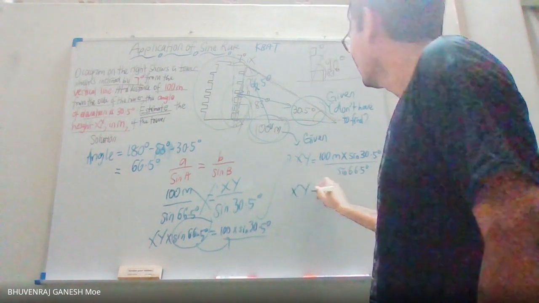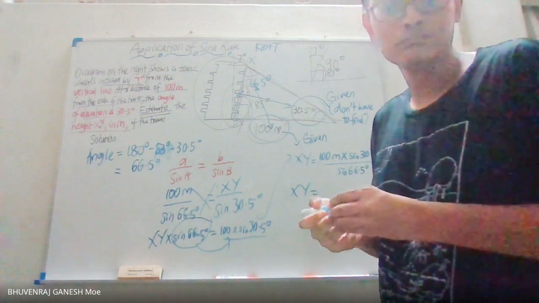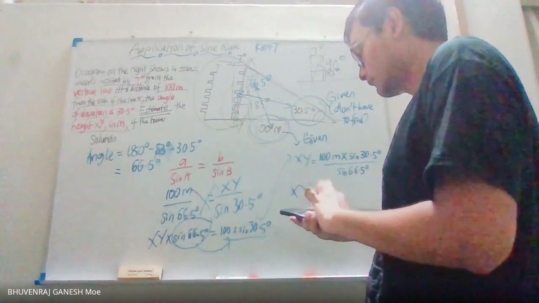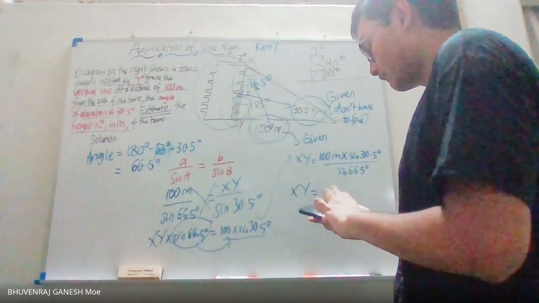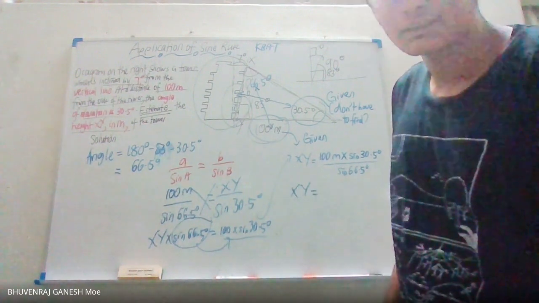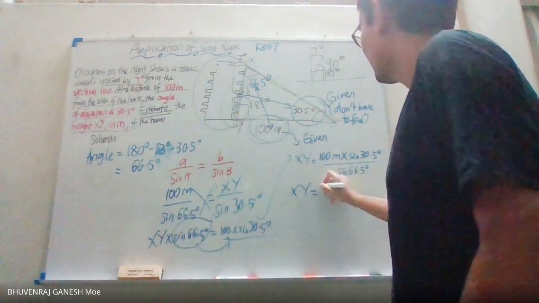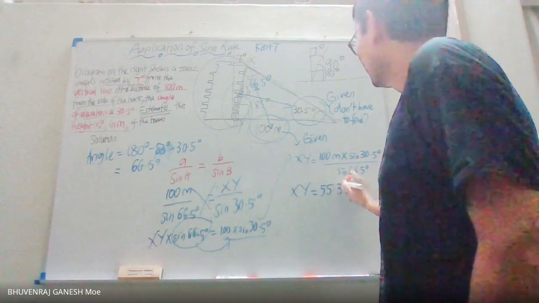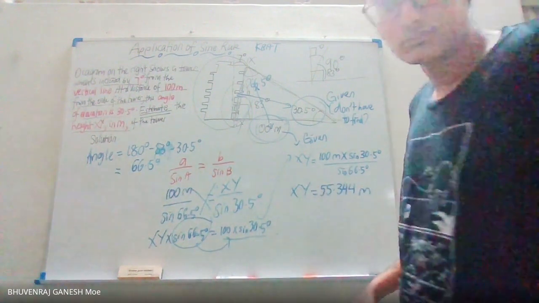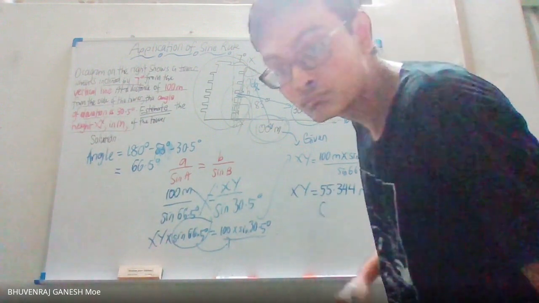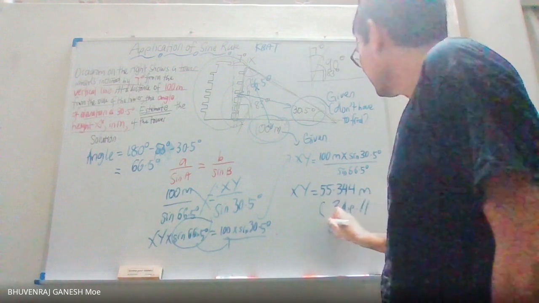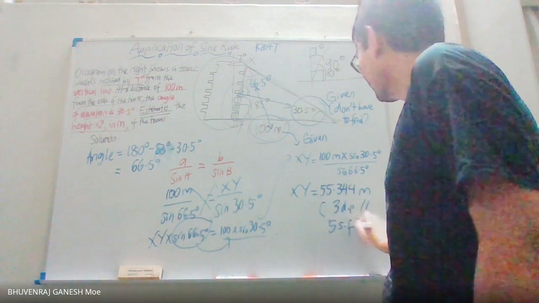So XY is equal to 100 times sine 30.5 over sine 66.5. We will get the XY length as 55.344 meters. You can put it up to 3 decimal places or 5 significant figures based on the answer given.